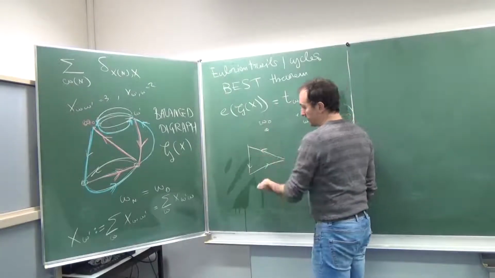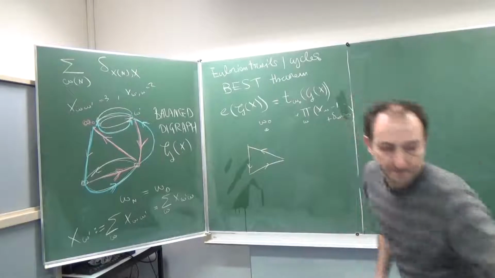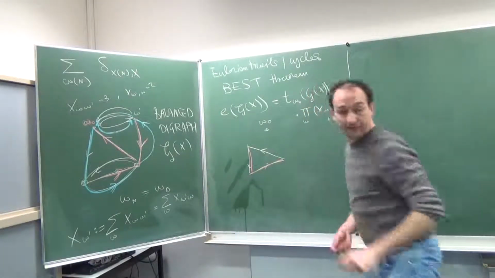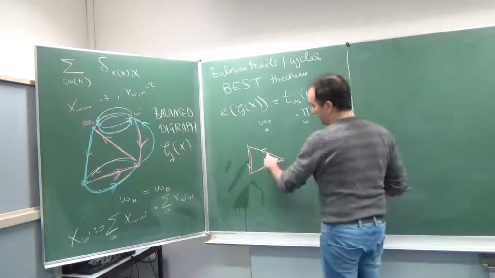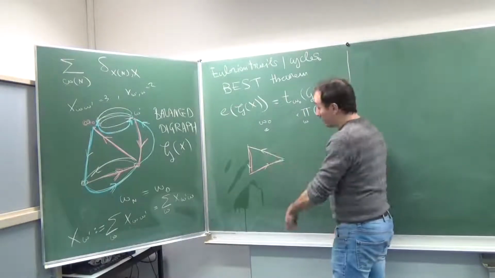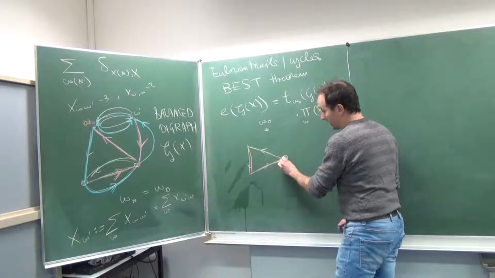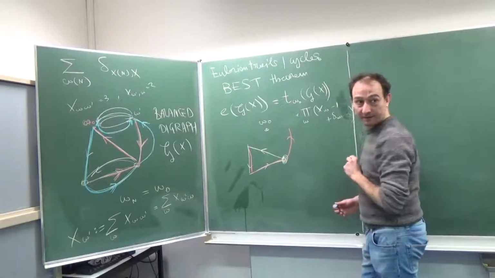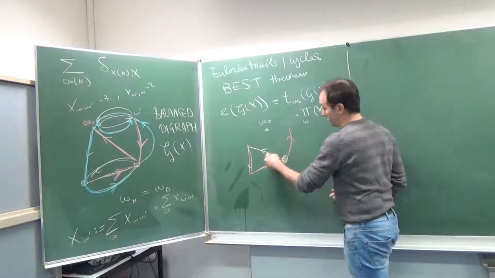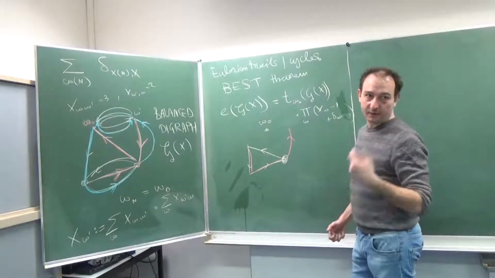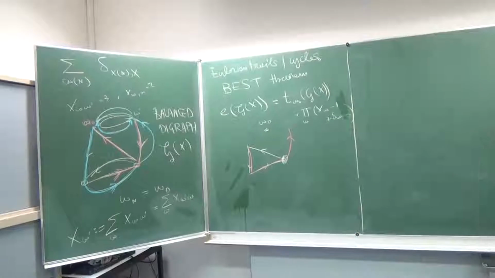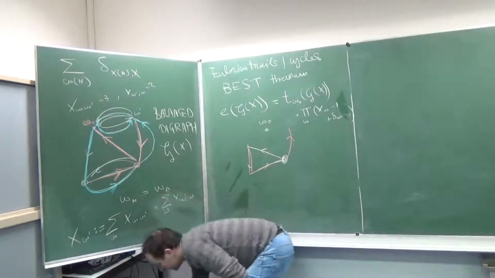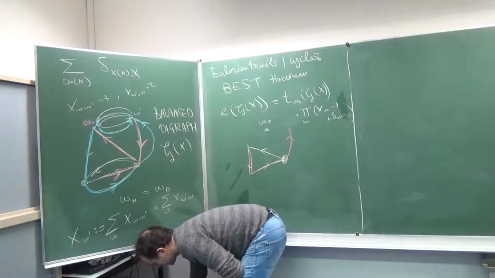Now maybe this may be red, this may be red, but definitely this cannot belong to the cycle, which means that at some point I used this transition here before using this one, and I wasn't allowed to do this. So this is a way to think about this theorem.